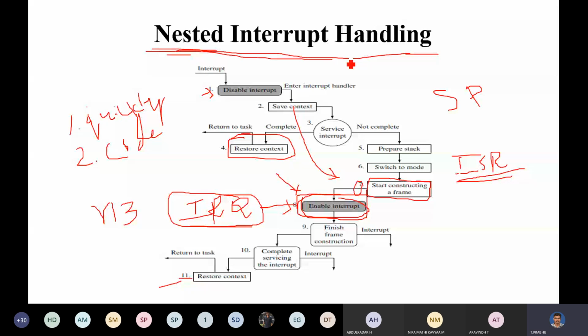In addition, the interrupt has been enabled again, re-enabling the interrupt. So it will give a priority.